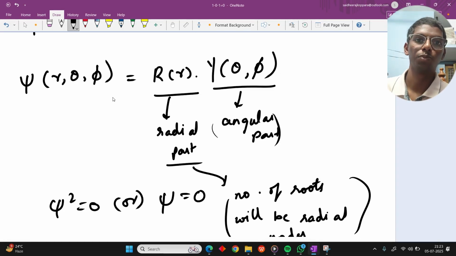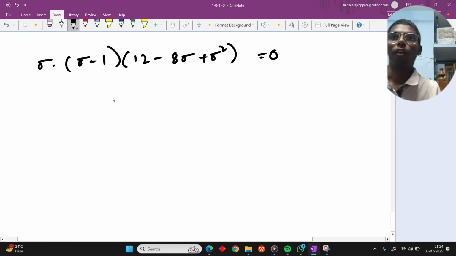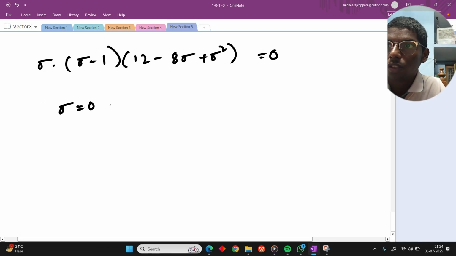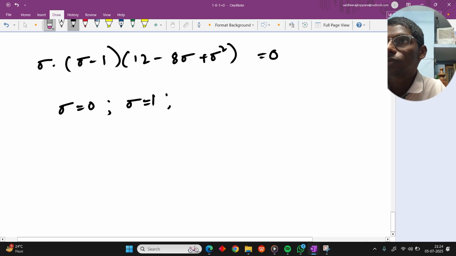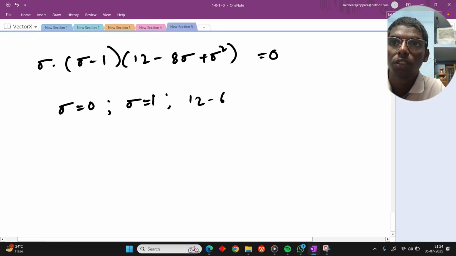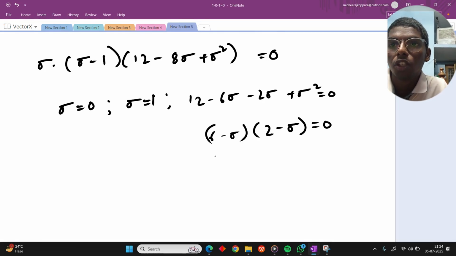While solving it, your roots are sigma equals 0, sigma equals 1, and (12 minus 6 sigma minus 2 sigma plus sigma square equals 0), where (6 minus sigma) into (2 minus sigma) will be 0. So sigma will be equal to 6 and sigma will be equal to 2.